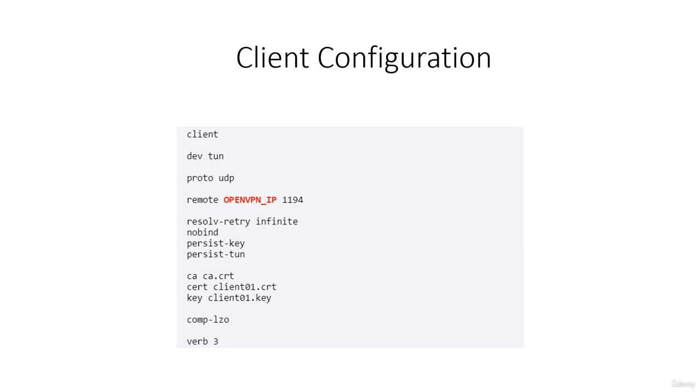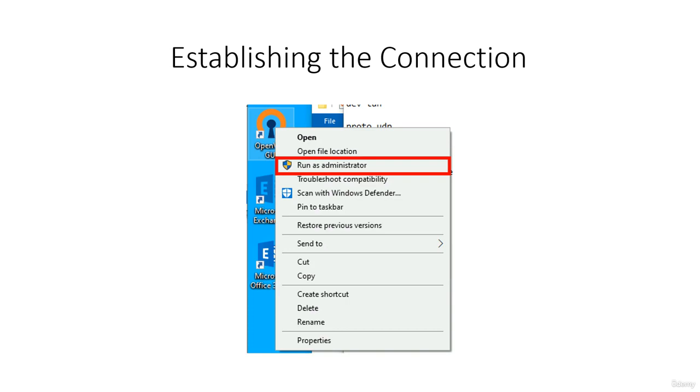Then what we need to do is establish the connection. It will create a desktop shortcut, so simply run as administrator. Make sure you always open the OpenVPN GUI or OpenVPN software as an administrator, because that will give it root access, or administrator rights.